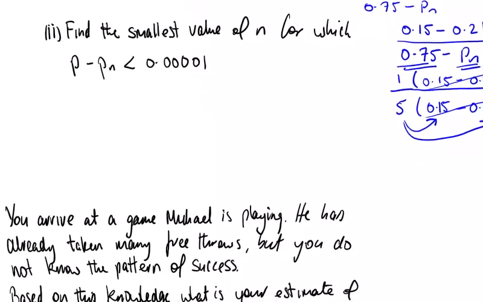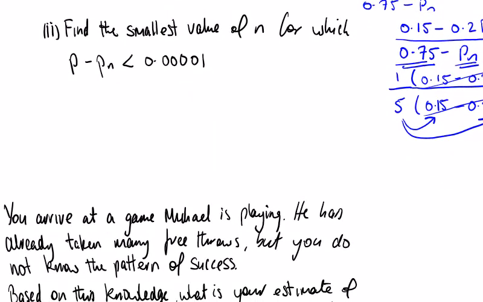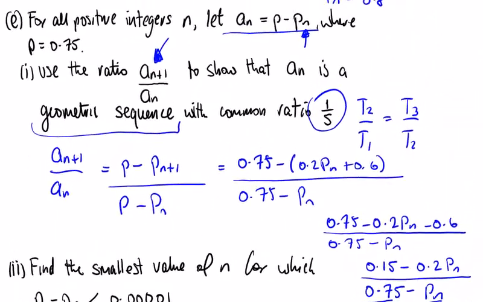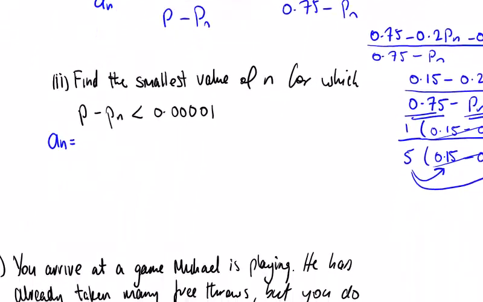The smallest value of n for which p minus p_n is less than 0.0001. So a_n is equal to p minus p_n, and a_n is a geometric sequence. So what is my geometric sequence? a r to the power of n minus 1.